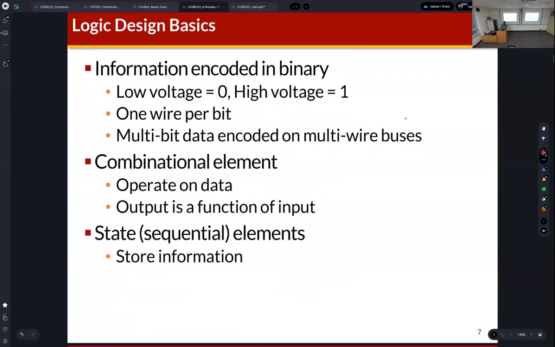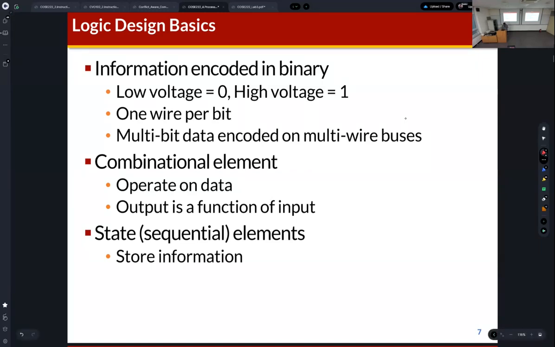Okay, so logic design basics. A binary digital system just handles binary data, but this binary data is represented using the voltage level of the electric circuits, right?